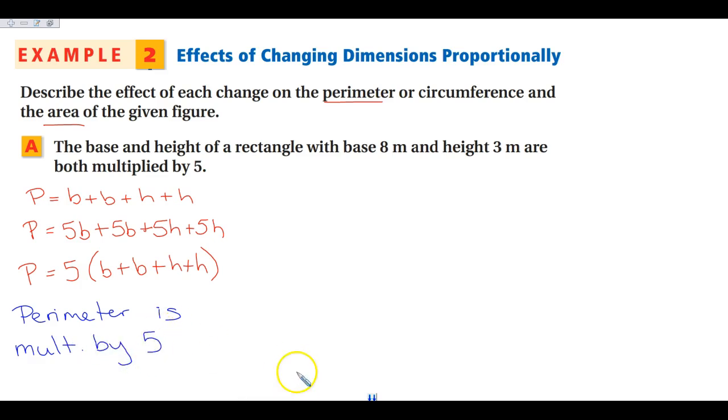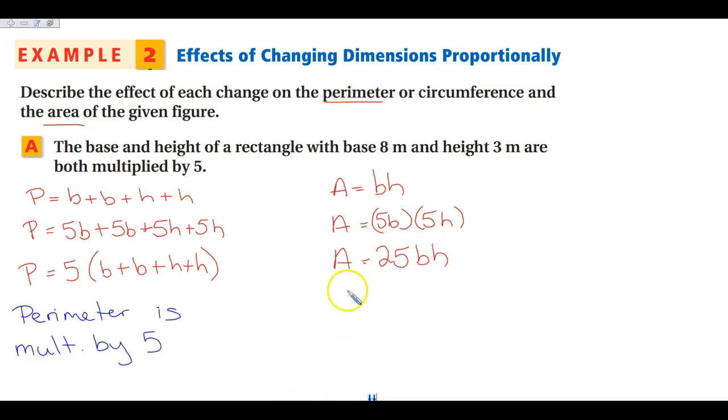Okay? Let's take a look and see what happens to the area. All right, my area is base times height. All right, if I have 5 times my base times 5 times my height, that's going to be 25 times base times height.